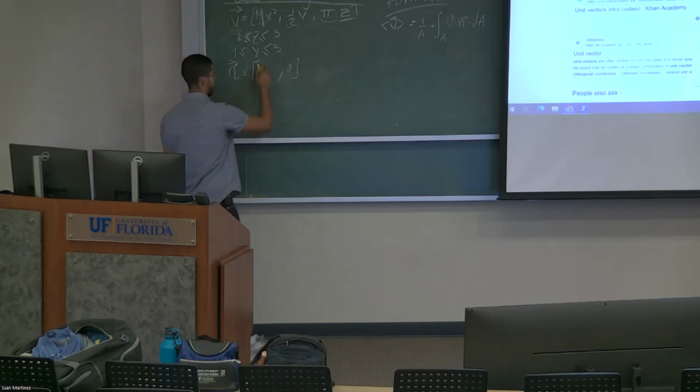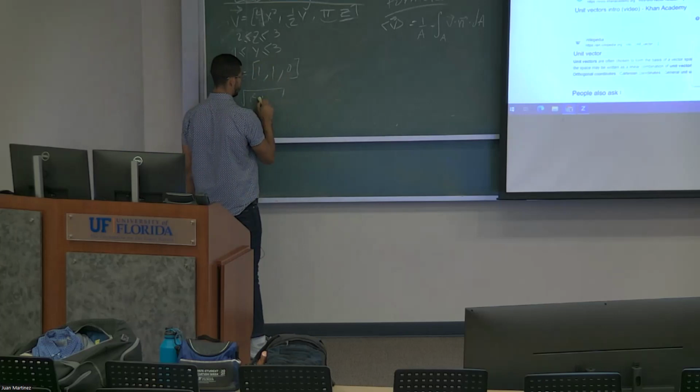Want to do 1-1? Yeah, it's not the answer to that. This is not a unit vector. The magnitude of this is the square root of 1 squared plus 1 squared plus 0 squared, which is not equal to 1.